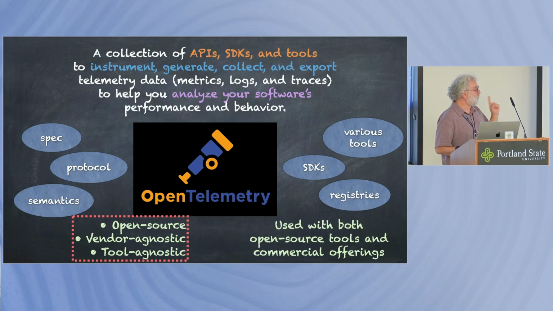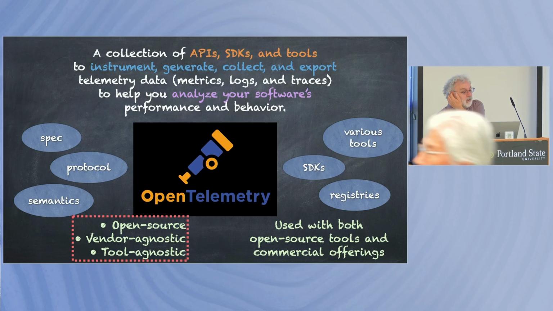And also there are registries, so that if you want to see what products are compatible with OpenTelemetry, there's at least 40 of them. They keep registries. Super handy. And the products that work with OpenTelemetry are both open source and proprietary. Some are free of cost, some are commercial.